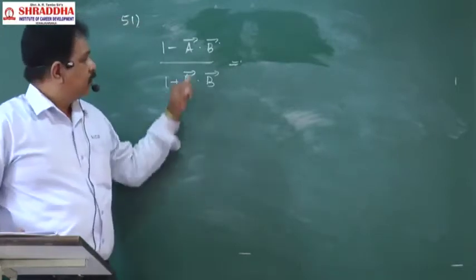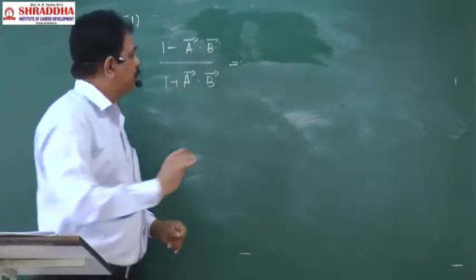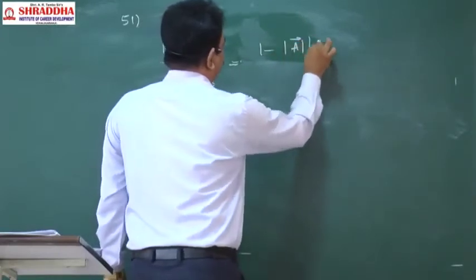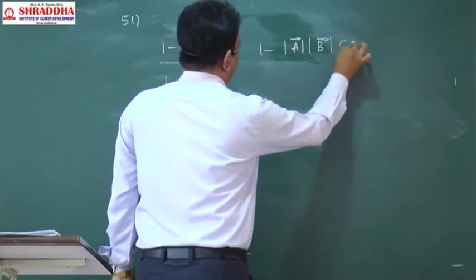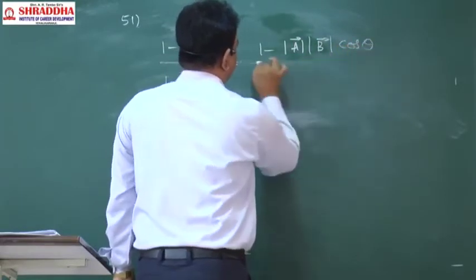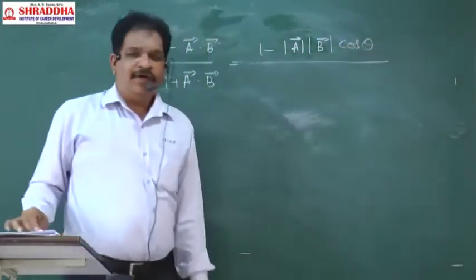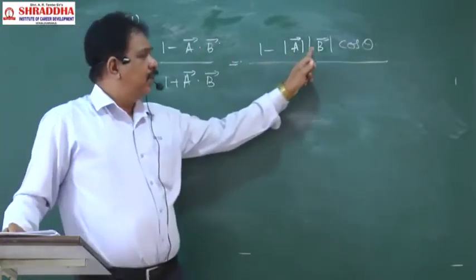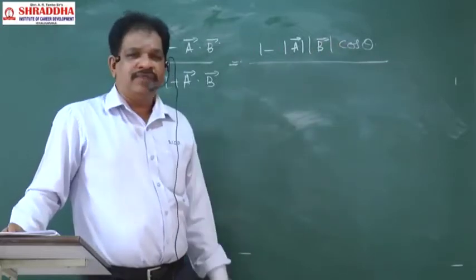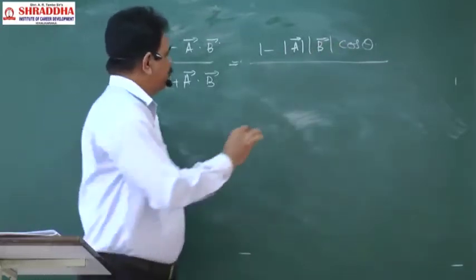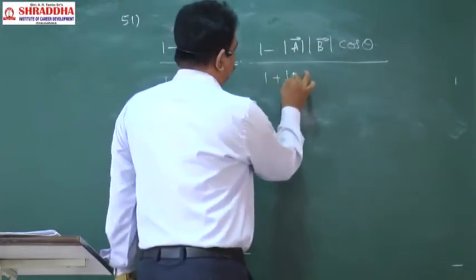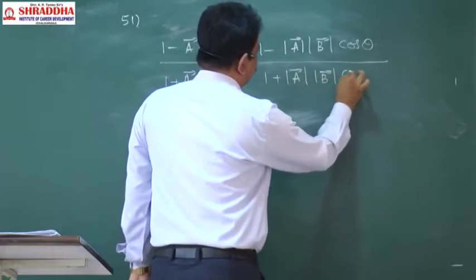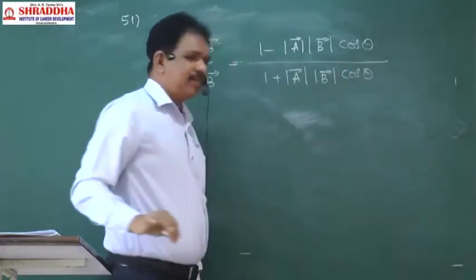Clear? So the A bar dot B bar formula will be modulus of A bar, modulus of B bar, cos theta. Here, 1 plus modulus of A bar modulus of B bar cos theta.